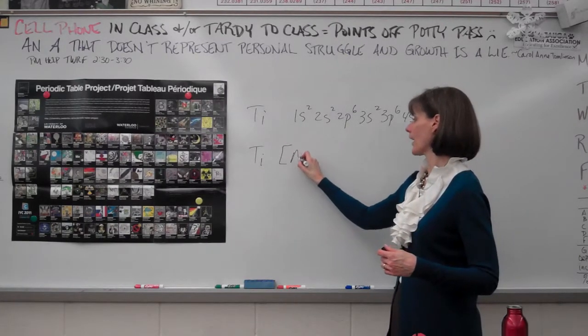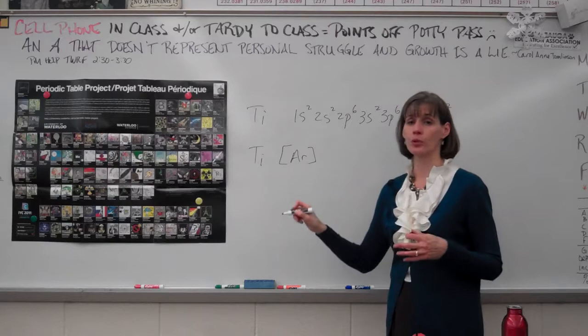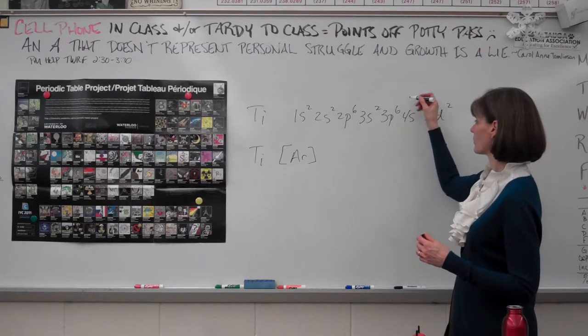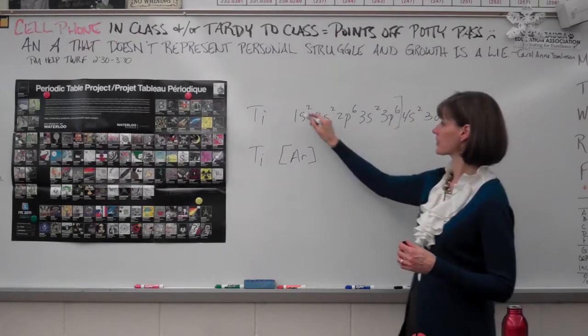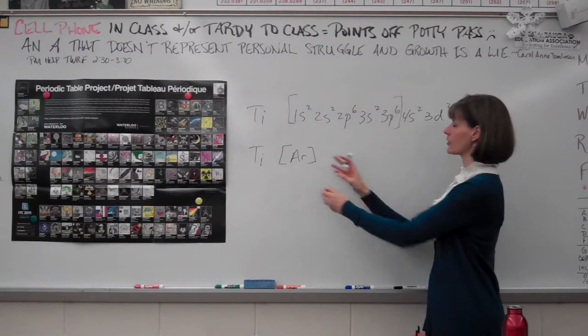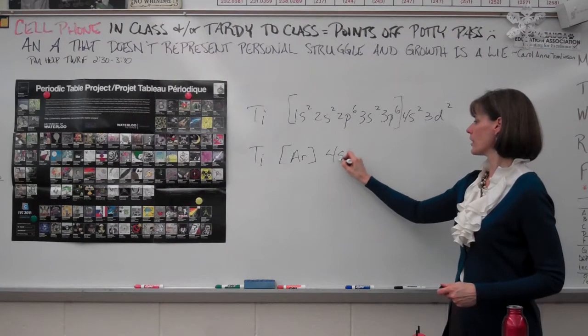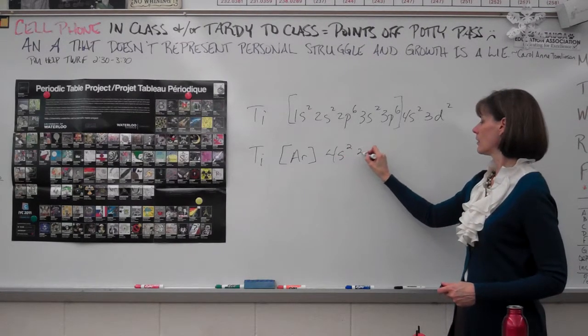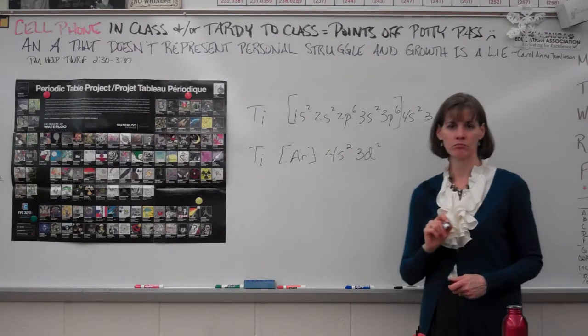So that would be argon that ends row 3. And then I'd write the new stuff. So I'm going to put all this stuff in brackets. That means argon. Argon, 4s2, 3d2.